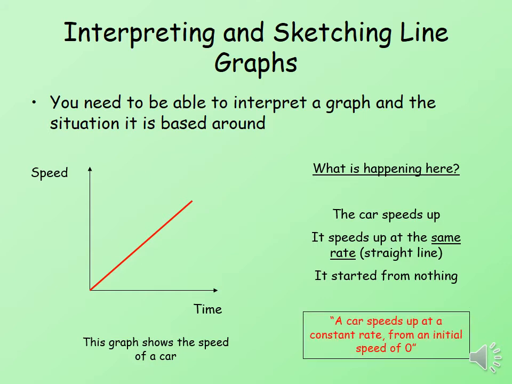And the final statement that I've come up with: a car speeds up at a constant rate from an initial speed of 0. In my opinion, that tells the examiner that you have fully understood this diagram, because it speeds up at a constant rate.